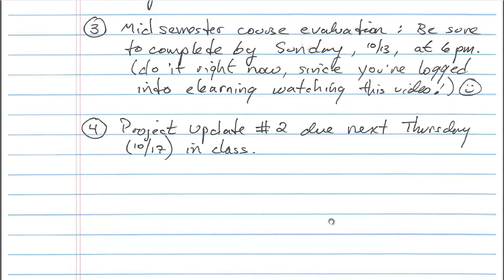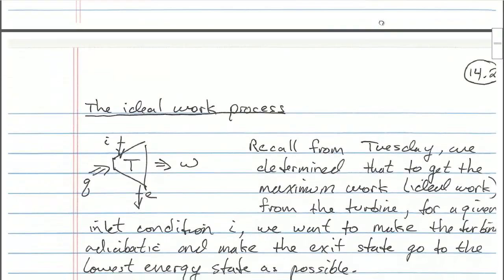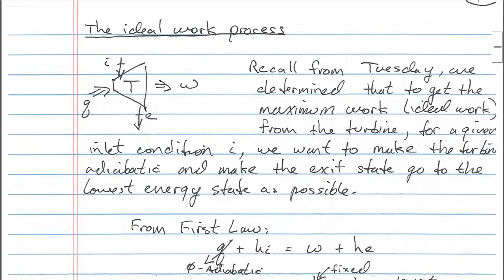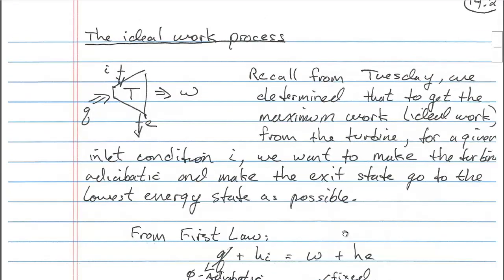Okay, so where did we pick up last time in our discussions? If you remember, when we finished class on Tuesday, we were talking about the ideal work process. And we talked about the ideal work process in the context of a turbine, but it really applies to any steady state, or what I'll call an open system, workflow or work transfer process.